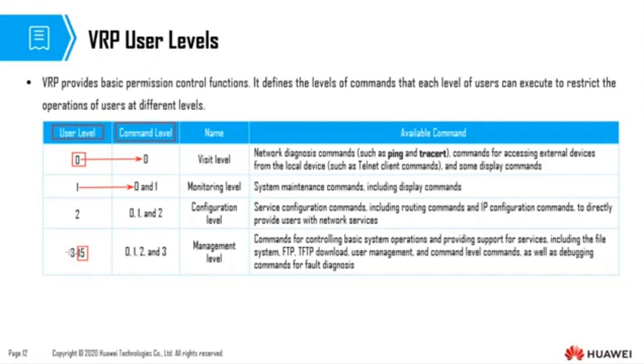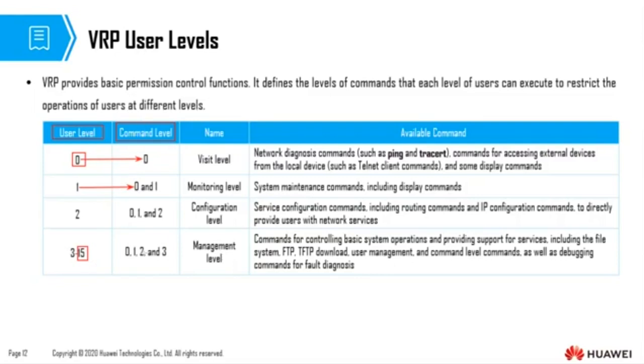That's the main difference between user level 3 to 15. So it's the same level, but the only difference is that you cannot create a person with a higher level than yours. If we've created you with level 3, you cannot create an account whose level is 4. And you cannot remove a person whose user level is 4. So that is what that means.